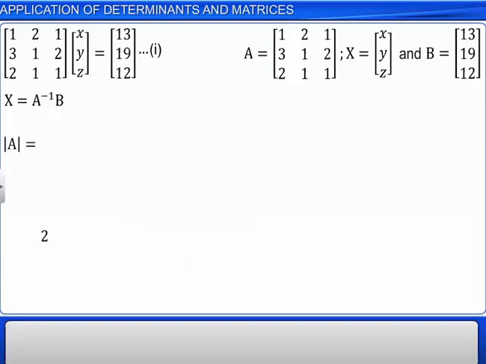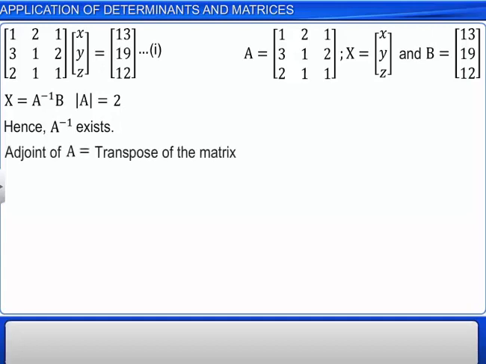Hence, A inverse exists. Let's now calculate A inverse. Adjoint of A is obtained by finding the transpose of the matrix obtained by replacing the elements of matrix A by their corresponding cofactors, which is as shown.